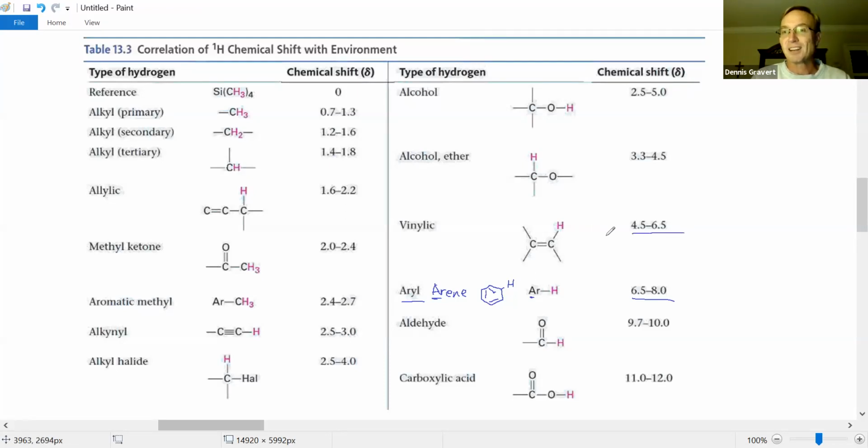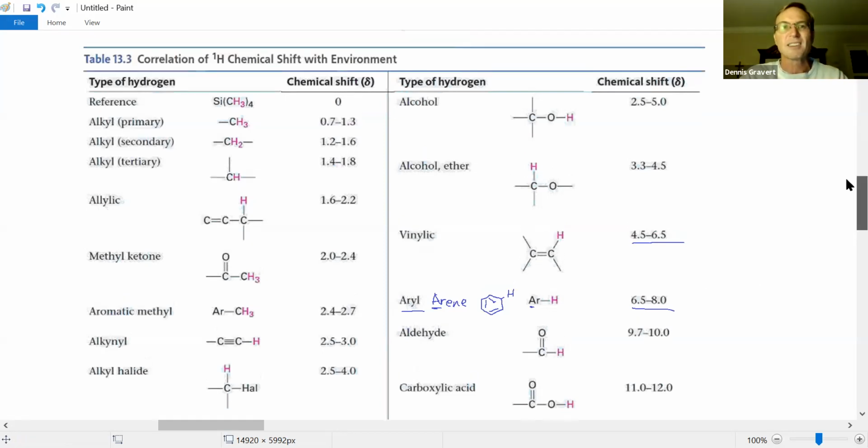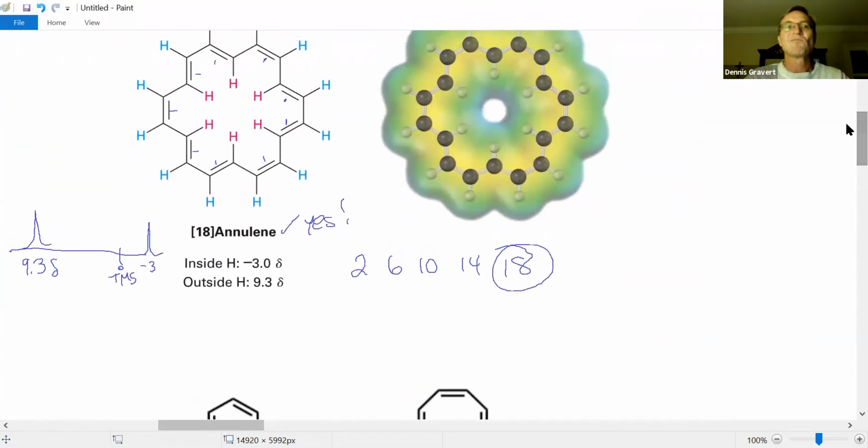There's no ring current here. It's not as great. A magnetic field doesn't shift it that far downfield like the ring current does. Yeah, 6.5 to 8. 8 seems to be the limit for benzene. Well, that's an average. Remember the correlation table you have to be flexible with? So 9, that's actually the evidence that says yes, the molecule is aromatic.